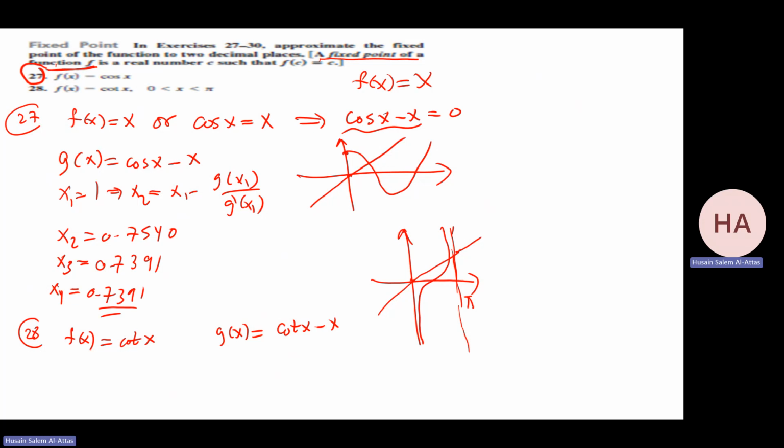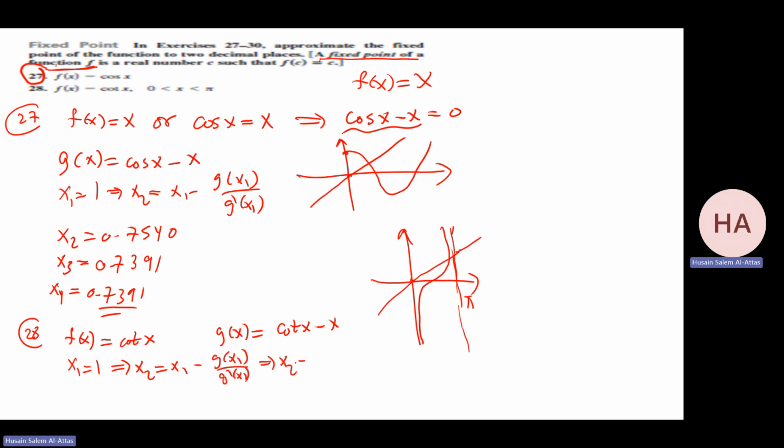So I put the starting point to be 1. So I start with 1 to find x2, which is x1 minus g of x1 over g prime at x1.